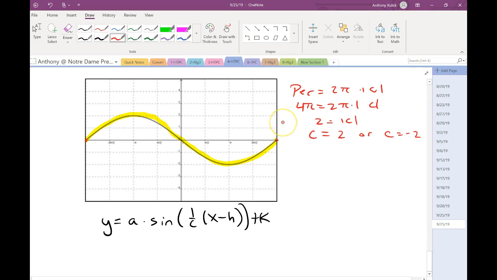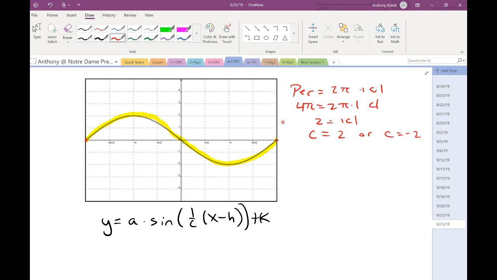All right. Which one do you want to find next? We have A, H, or K left. What do you guys want to find next?